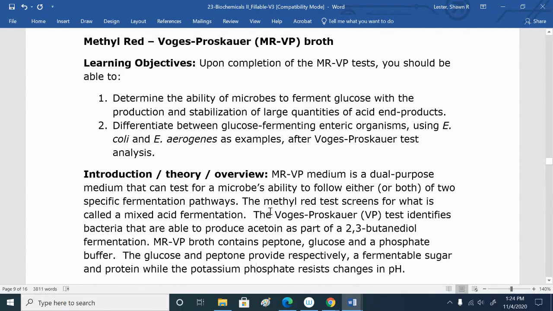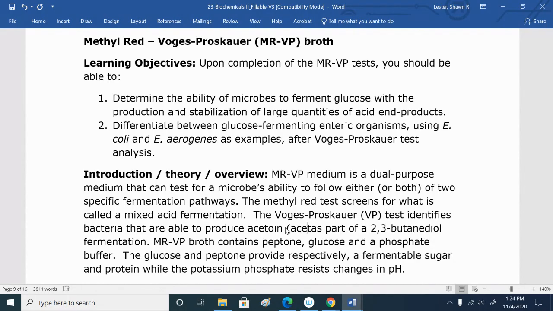Now, methyl red is a pH indicator, and so we're looking for the presence of different kinds of acids. So we say mixed acids, and these are organic acids. And the VP test is looking for a compound. Acetoin is one way.